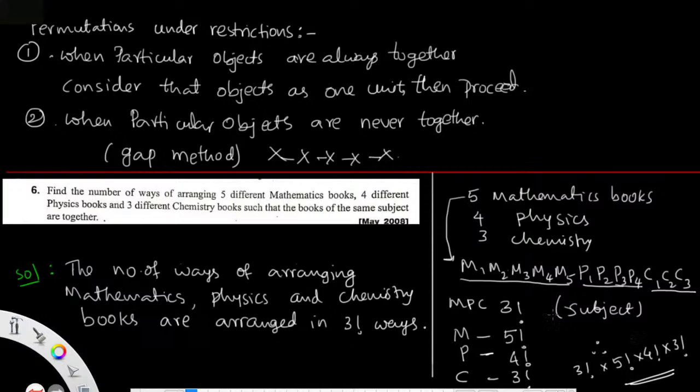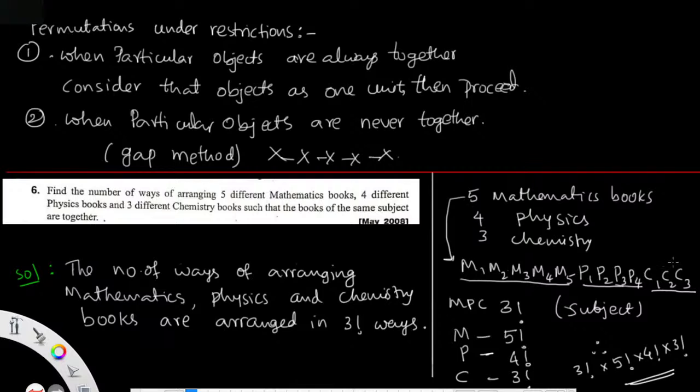So that is what is given in the question: find the number of ways of arranging 5 different mathematics books, 4 physics books, and 3 chemistry books such that the same subject is always together. Let it be M1 to M5, P1 to P4, and C1, C2, C3.